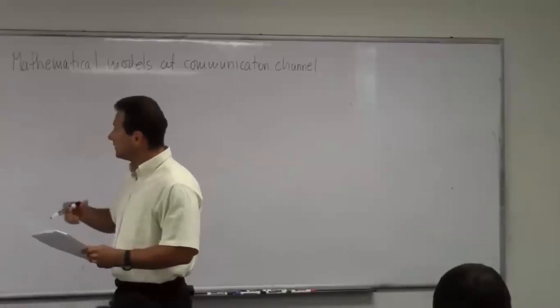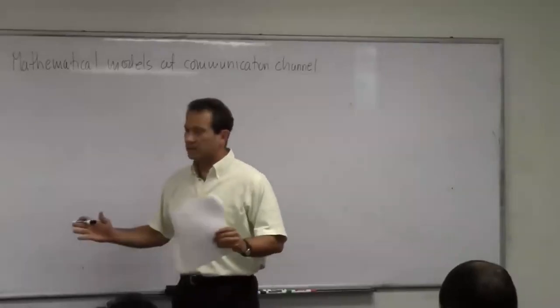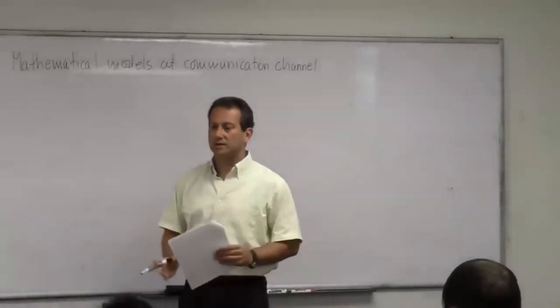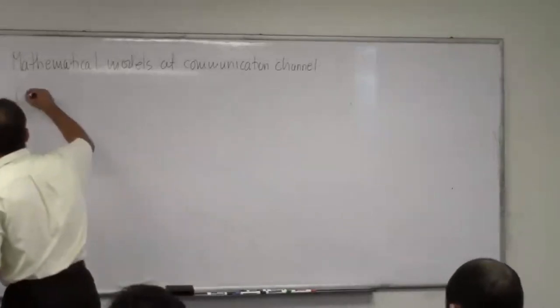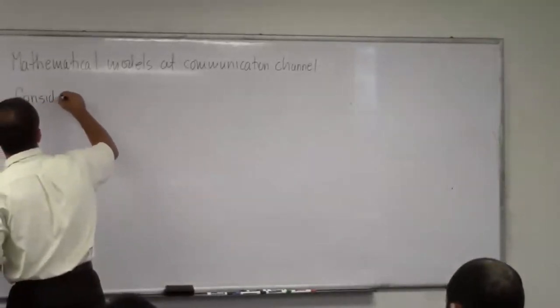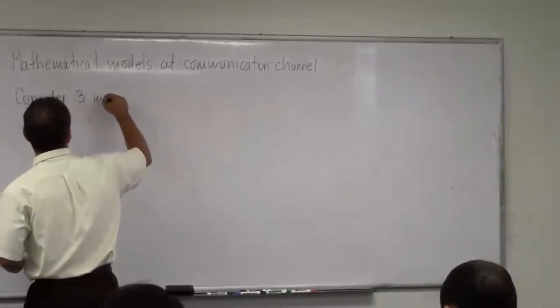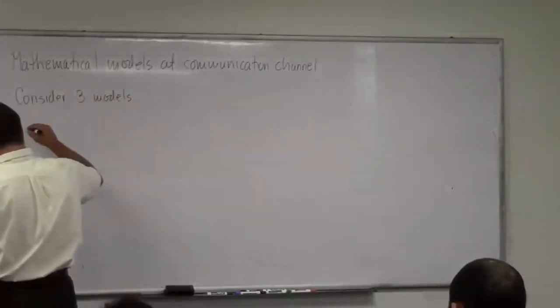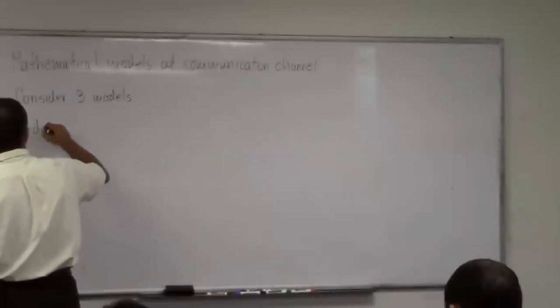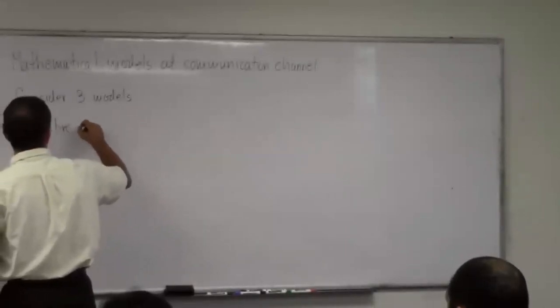So there are several mathematical models. In this class, we're actually going to restrict our attention to three. We're going to give them the following names: an additive noise channel.